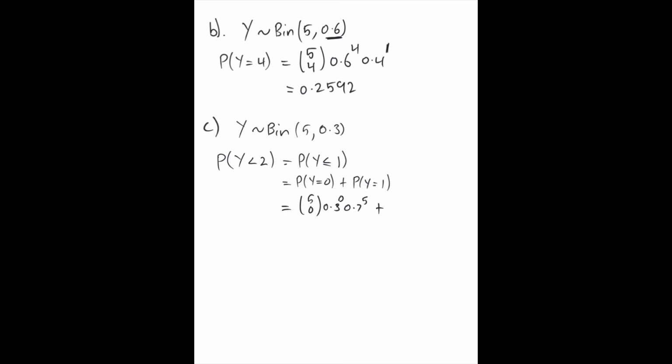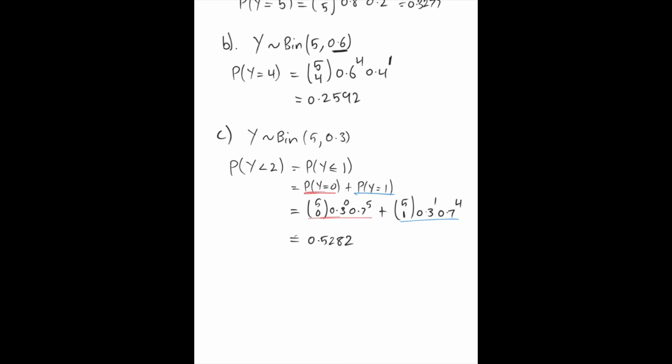That is the first term, right? And now the second term is going to be 5 choose 1 success times 0.3 to the power of 1, 0.7 to the power of 4. Okay, and now if we add them up and evaluate them, you will get a value of 0.5282. And that is the answer to C.